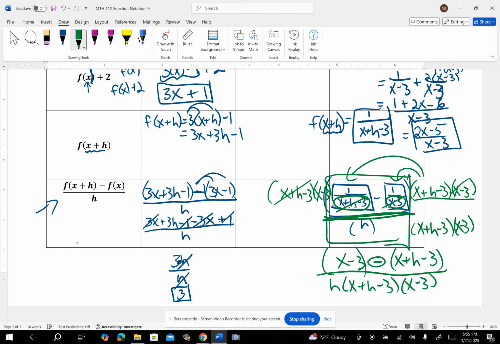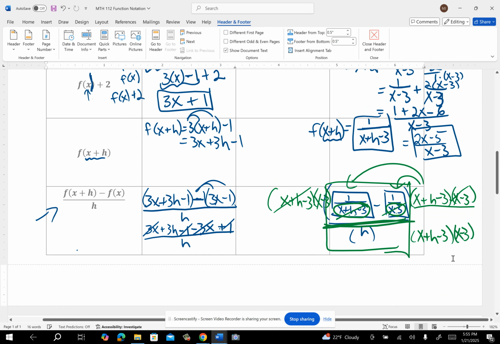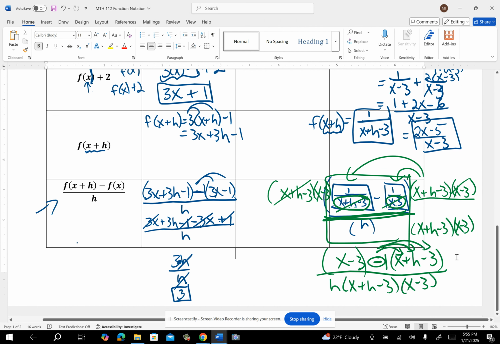Now this is going to take a little bit more to simplify. So what I need to do is think about getting rid of the parentheses by distributing, and then combining like terms and seeing what happens at that point. This is always a little bit of a pain, but let me see if I can get another page on here.